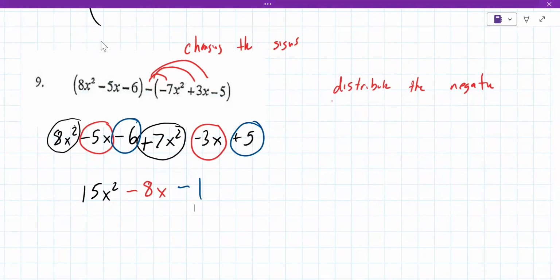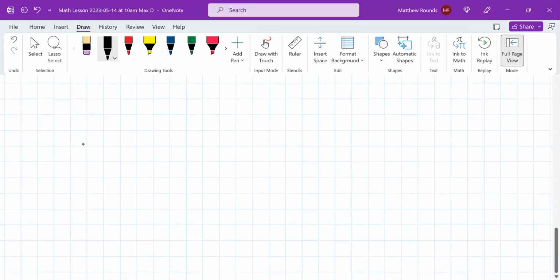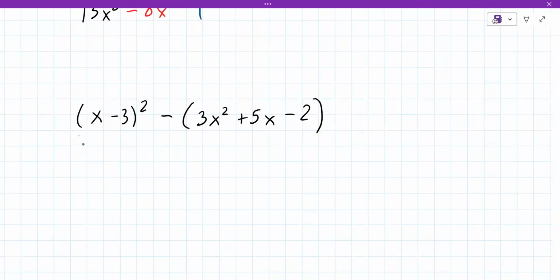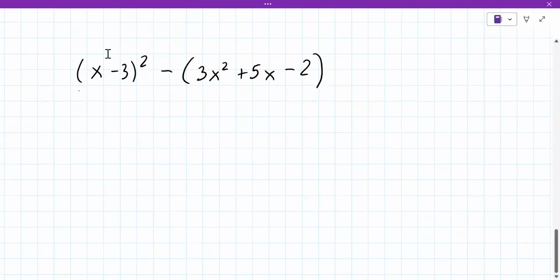Okay. So I'm going to make it just slightly different here. Add in some factoring. Let's say it's x minus 3 squared minus 3x squared plus 5x minus 2. So this one's a little bit different. You have to expand this on the left first and then distribute the negatives on the right.